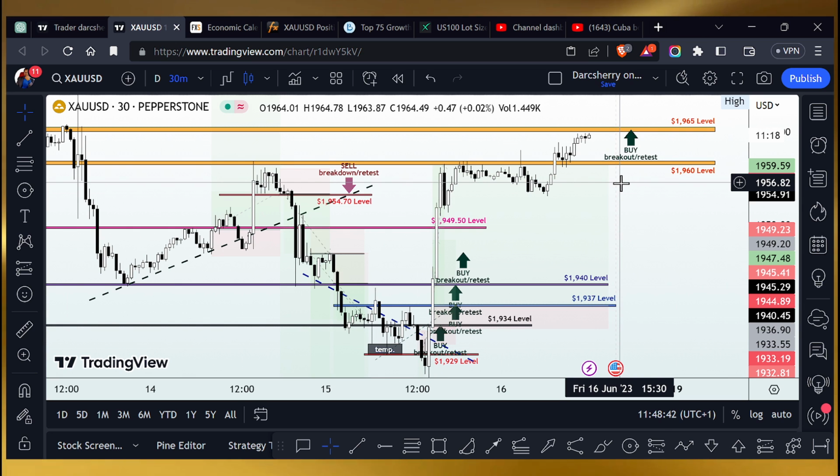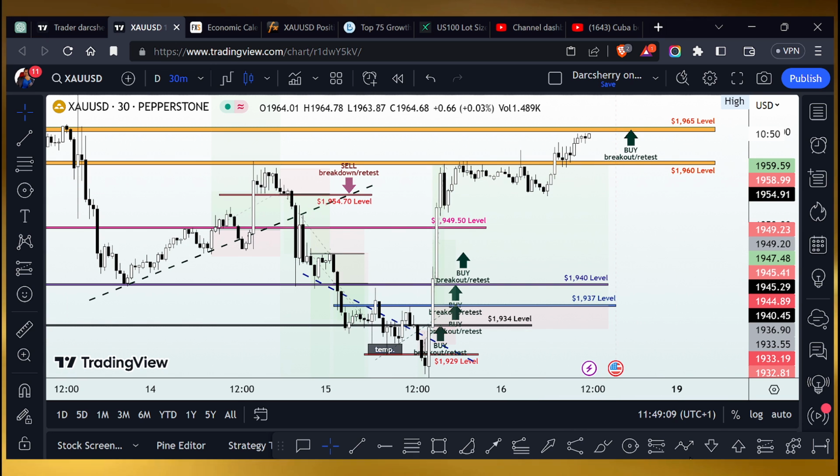In fact, the XAUUSD happens to be the most profitable instrument for us for this week. And for those who are taking advantage of this opportunity, well done to you for being on standby to have caught this move. And if you still have a buy position running at this particular point in time, then it is appropriate that you move all stop losses to secure this current buy position.